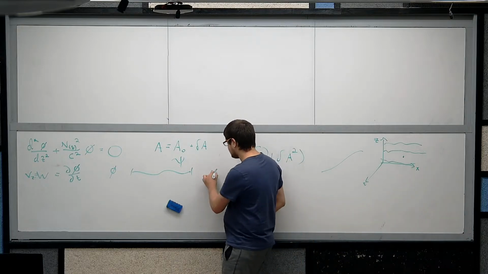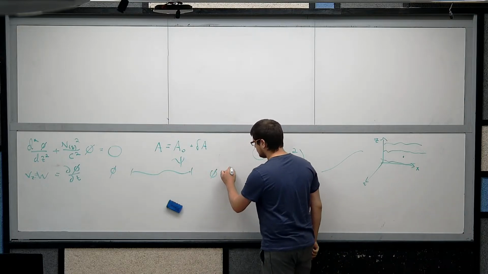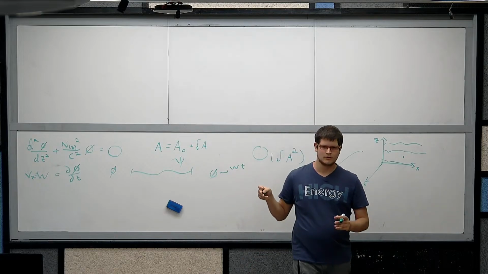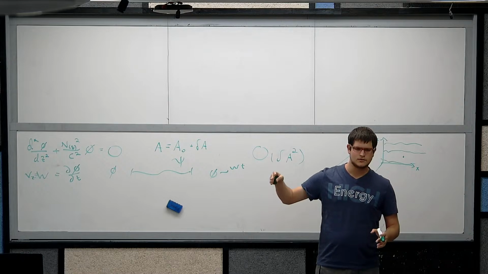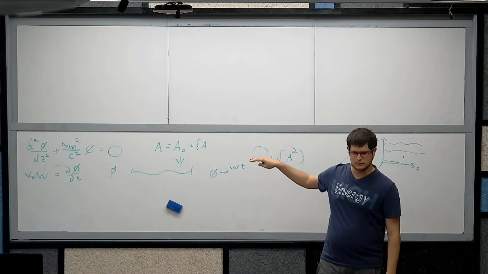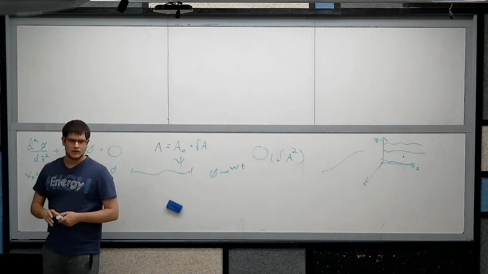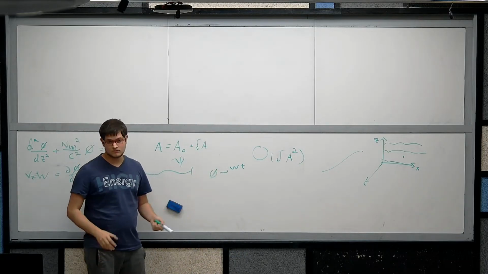So let's just say for our intuition phi is omega t. It is practically the distance that you will travel at each point, and in which direction.